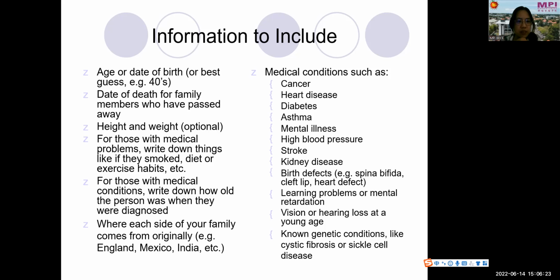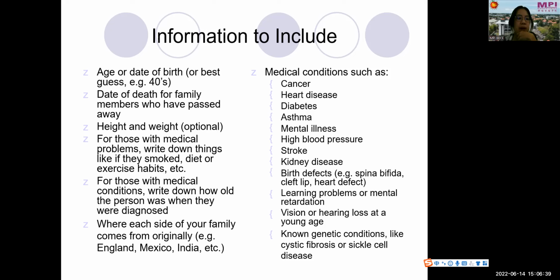Okay, so for example, the information you can include, you can add in your own genogram: your age or date of birth, date of death of the family members, height and weight.